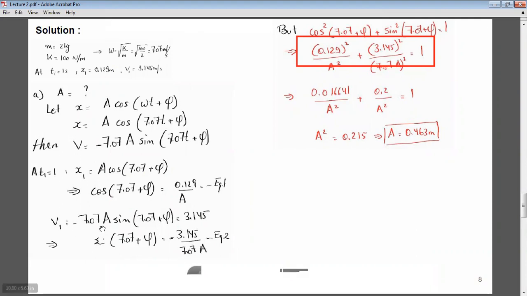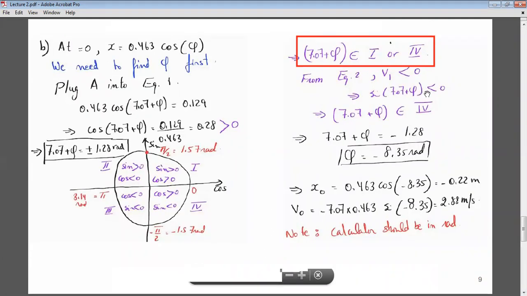So the v is negative, so the sine of the angle is negative. If the sine of the angle is negative, then which region should it be? We look here. Cosine is positive in regions 1 and 4. Sine is negative in region 4. So now we know that the angle is in region 4.